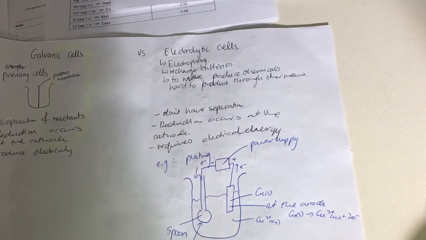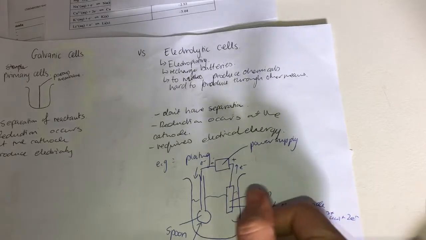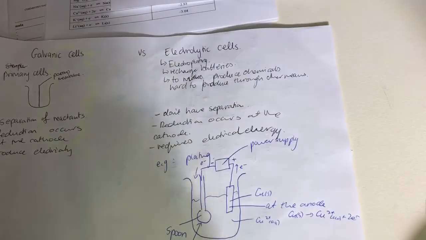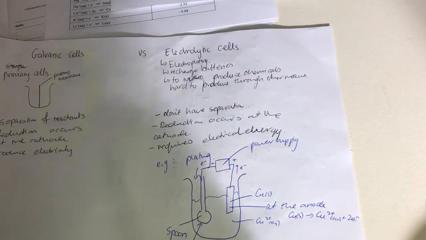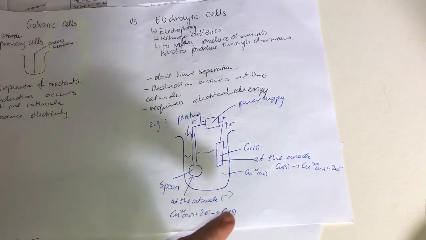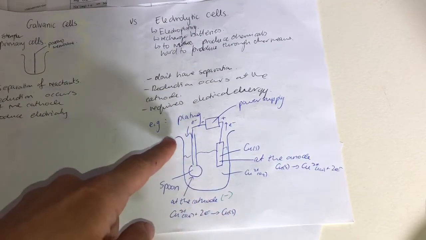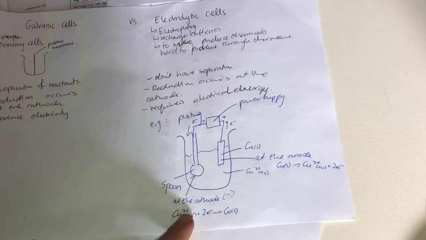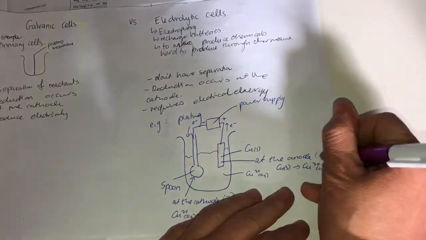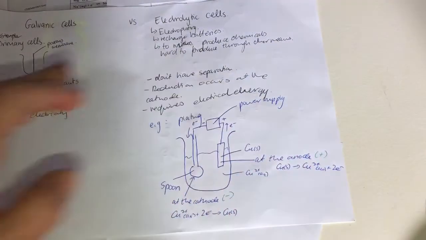All right, the cathode is negative because it's attached to the negative terminal of the power supply, whereas the anode is positive because it's attached to the positive terminal of the power supply.